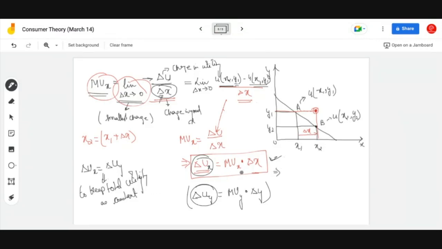So this means we can equate the RHS also: MUX into delta X must be equal to MUY into delta Y. Is it clear? Yes, sir. This is the case.